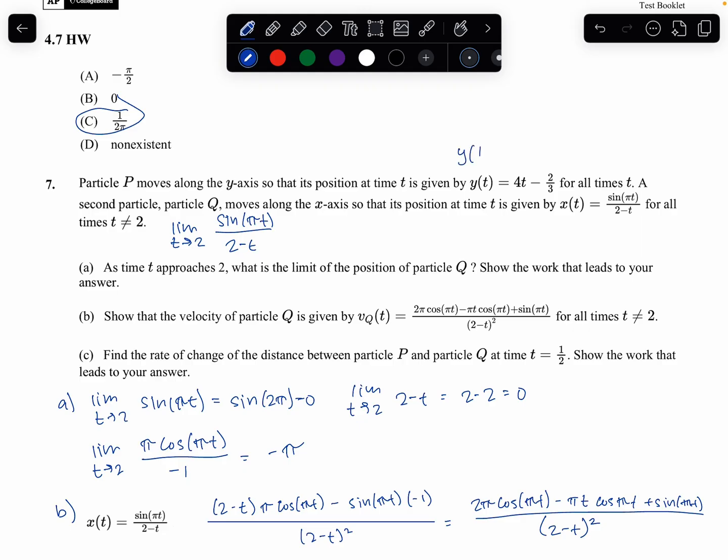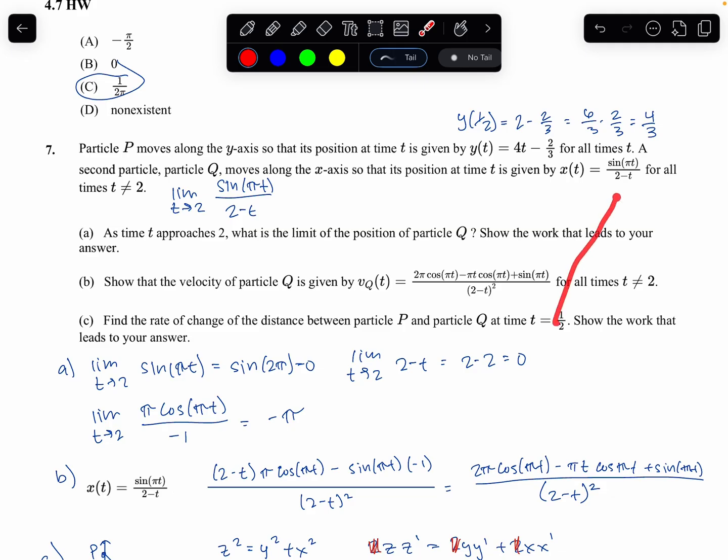So y of 1/2 is going to be equal to 2 minus 2/3, right? And then that's going to be equal to 6/3 minus 2/3, which is going to be equal to 4/3. So that's going to be y.